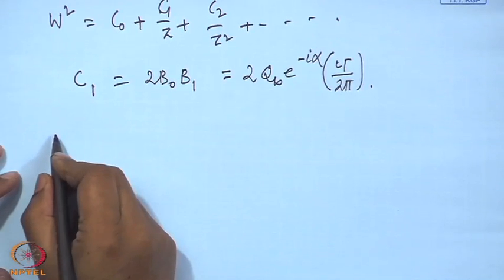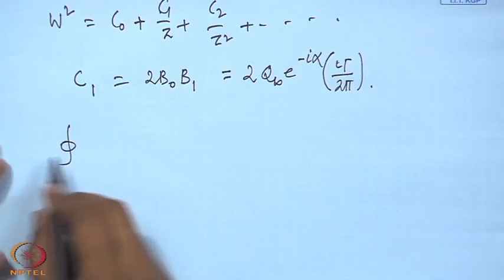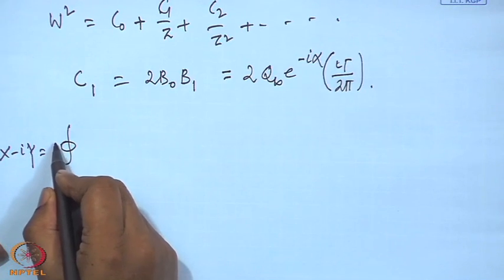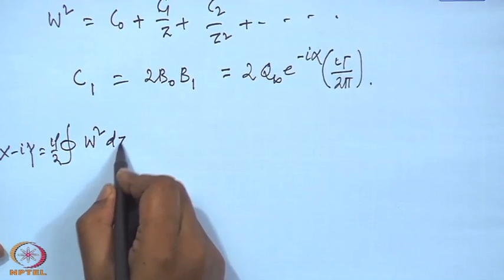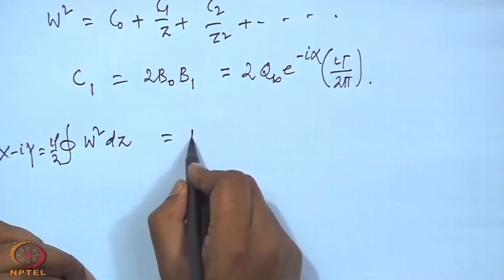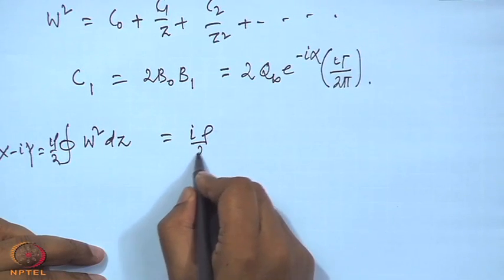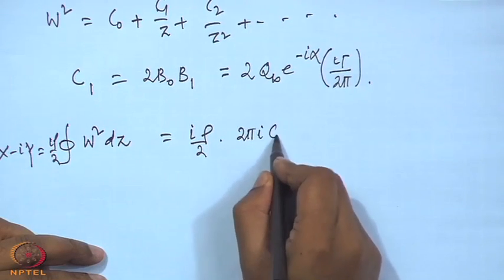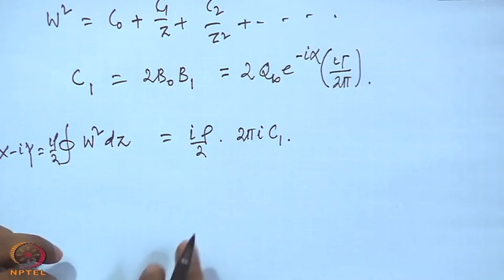Now, the force X minus I Y is I rho by 2 times the integral of w squared dz, which, according to the residue theorem, is 2 pi I C1.